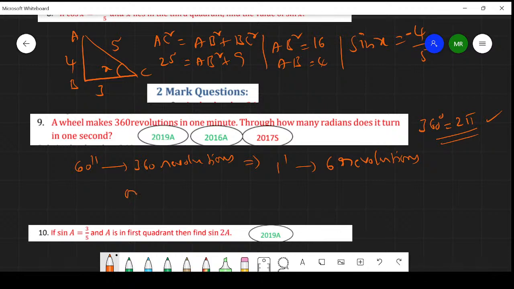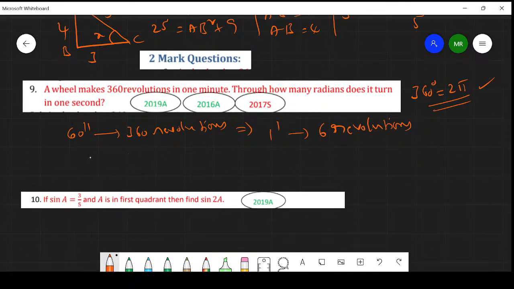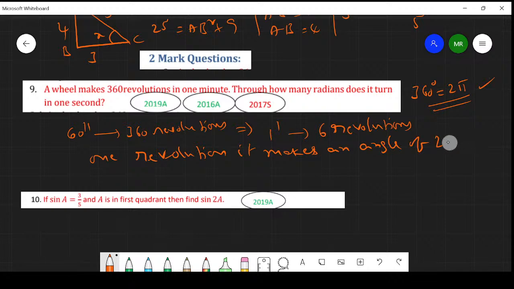Always remember, for 1 revolution, it makes an angle of 2 pi radians. This is important.